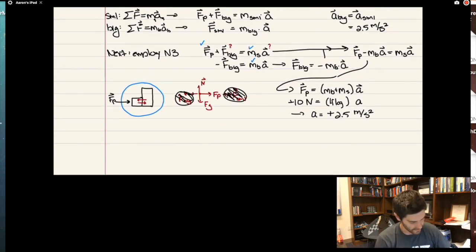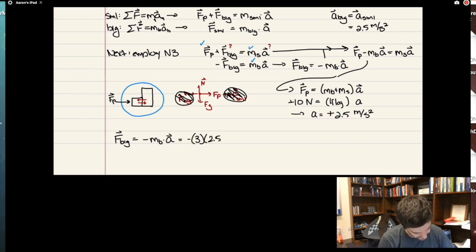All right. And then finally, that aside, if I wanted to know, say, what magnitude F big is, for example, then I could go back to that expression I had above, which we said was equal to m big A, which is then minus 3 times 2.5 newtons.